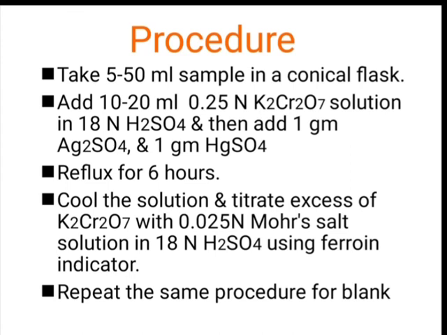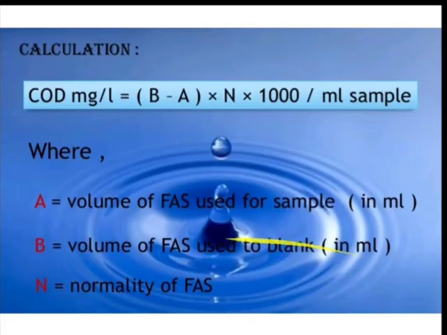Repeat the same procedure for the blank also, note down the readings for the sample solution and the blank solution, and from that we can calculate the amount of COD. So COD in milligram per liter is equal to B minus A into capital N into 1000 divided by ml of sample.